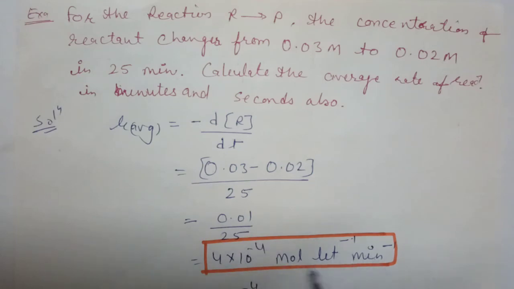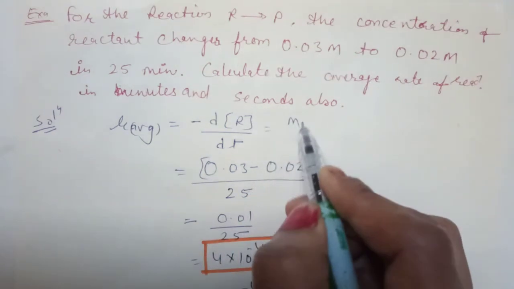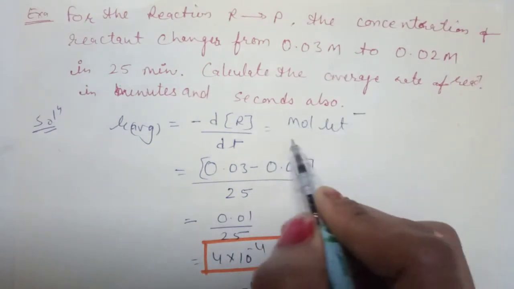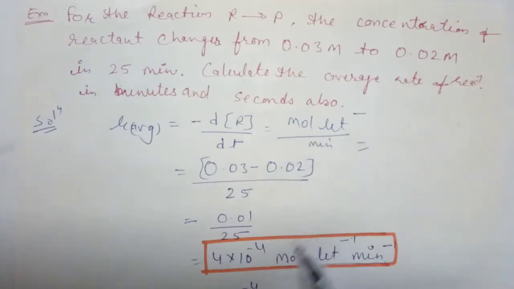minute. This is the unit of rate of reaction. Concentration means mole per liter, upon time. Here time is given in minutes, so the unit will be mole per liter per minute.